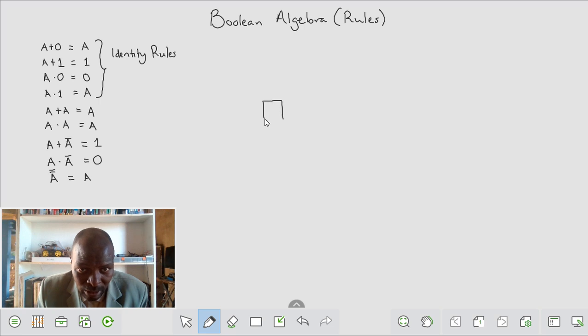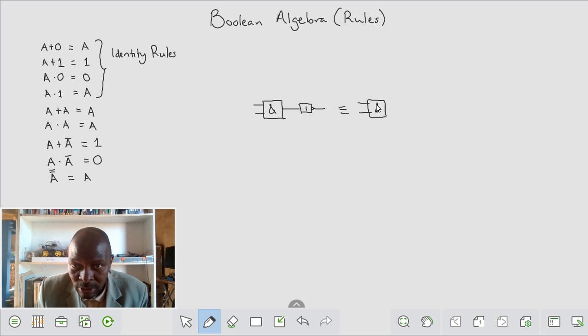I made an example with AND. I said, suppose we have an AND. The opposite of the AND is equivalent to the NAND.